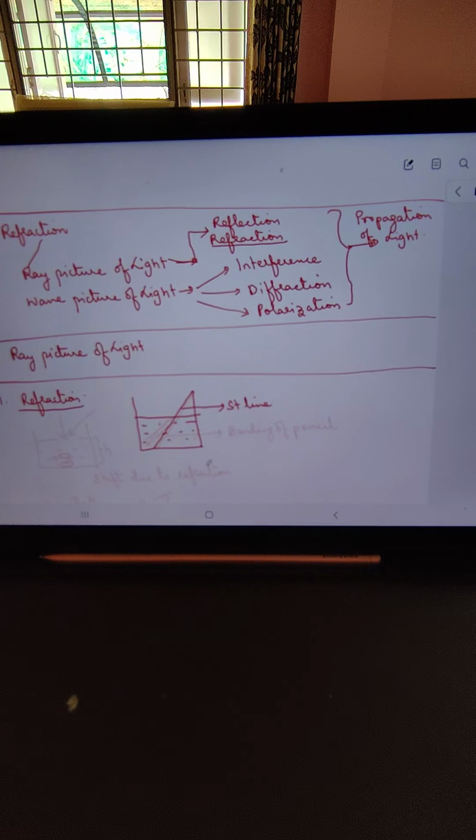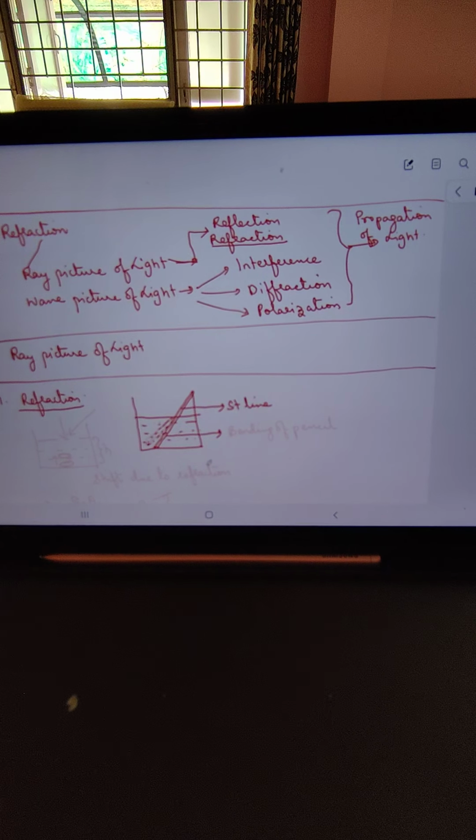So this pencil, which I am drawing like this, if there was no water, it would be a straight line, but since there is water, this portion of the pencil which is in water is going to get raised.